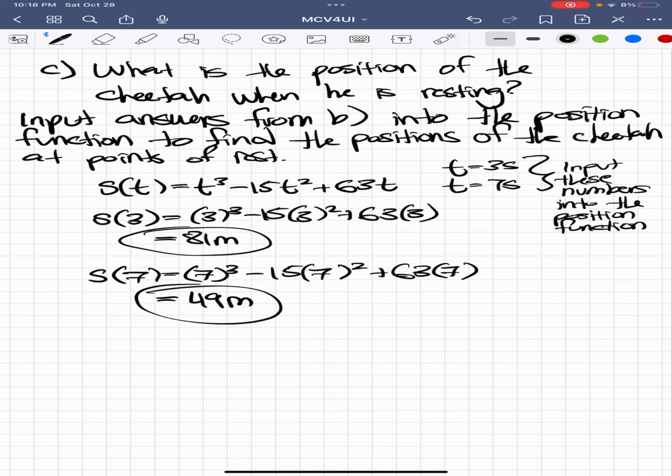So, at 3 seconds, the distance of the position of the cheetah is 81 meters, and at 7 seconds, the distance and the position of the cheetah is at 49 meters.